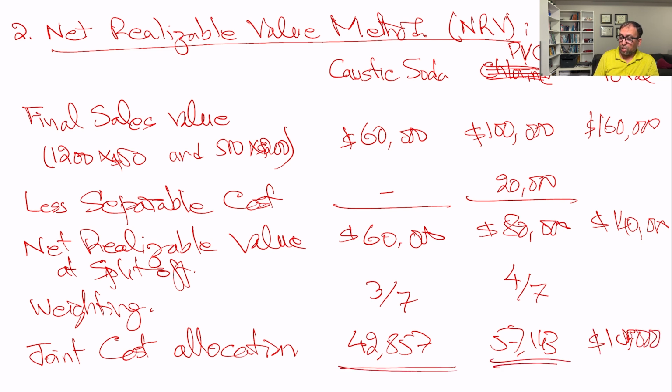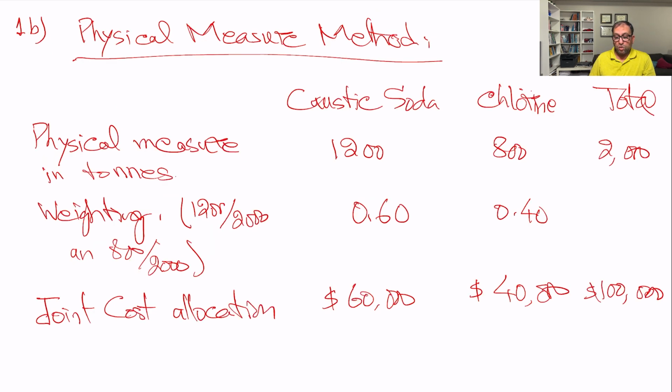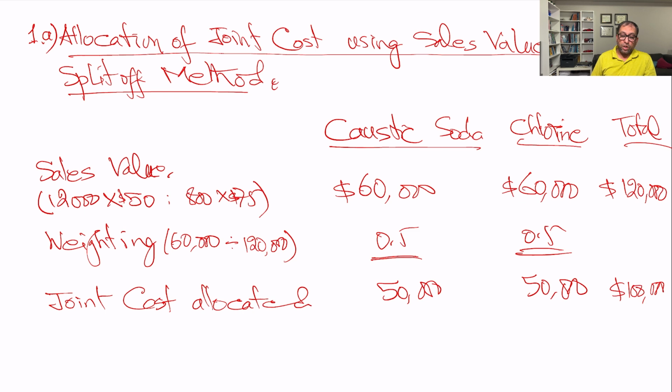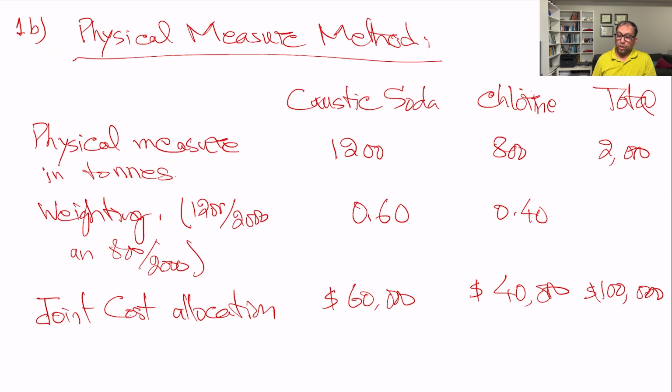So the point I want to make here is that we discussed three different methods. Under the sales value at split off method, we are allocating 50,000 to caustic soda and 50,000 to chlorine. Under the physical measure method, we are allocating 60,000 to caustic soda and 40,000 to chlorine.